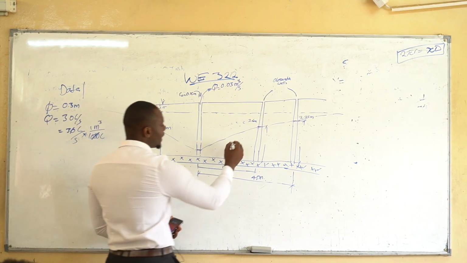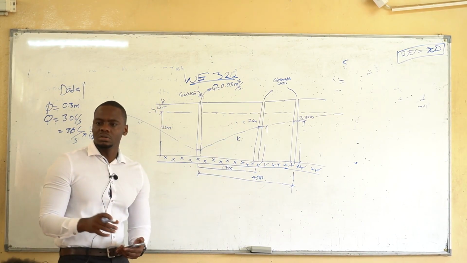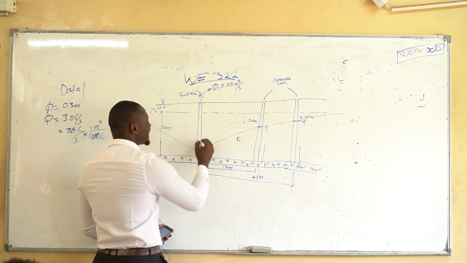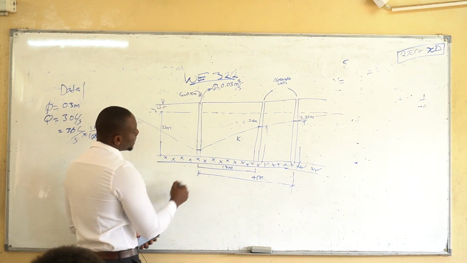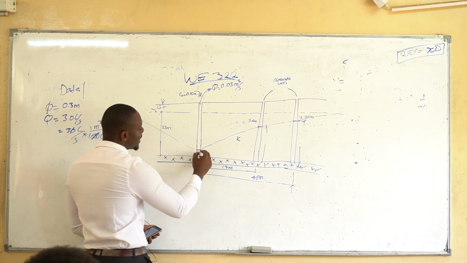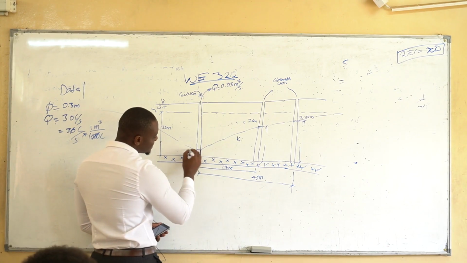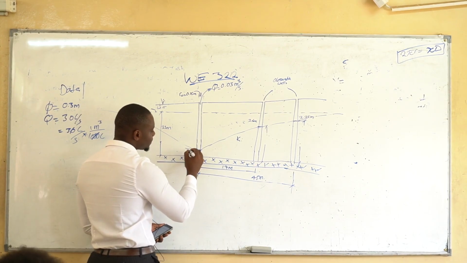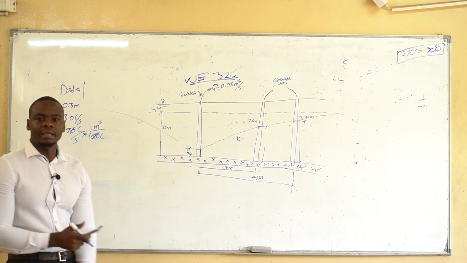The value of K is sitting somewhere around there. We discussed what K was, not so? Hydraulic conductivity is just the rate at which this soil allows water to pass through it. So, from our discussions and our diagrams, this is the height of the well, not so? So you leave it there.